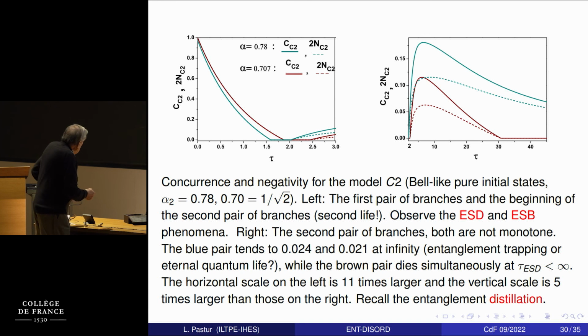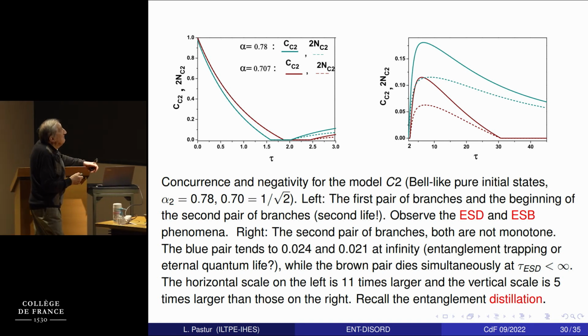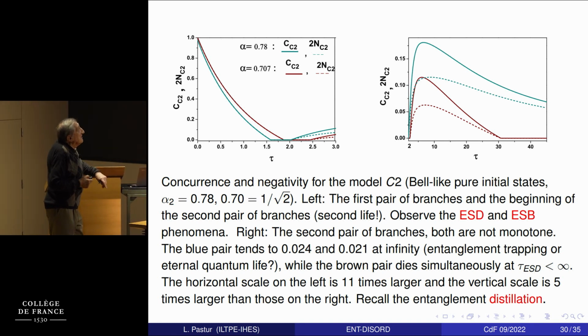And this is because you have a much more developed picture. You see, this is a concurrence, this is a negativity. It turns out that concurrence in many cases equals two negativities, and you have the model C, common reservoir, and its second boundary initial condition is just Bell states.